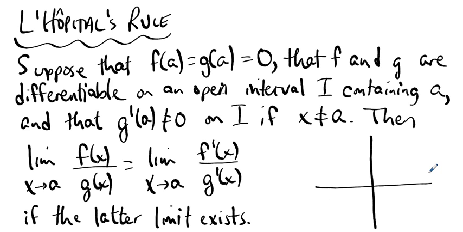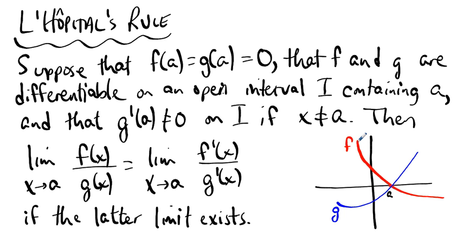But consider the following. Bill Nye the Science Guy. So that's a. And you have two functions, and they're both 0 at a. And you're trying to figure out what happens when you divide the red one by the blue one. This is the blue one, this is the red one.